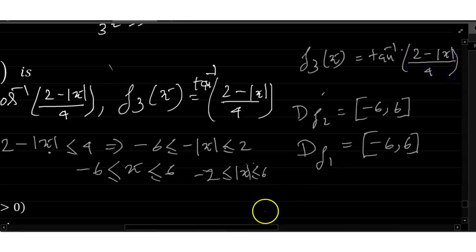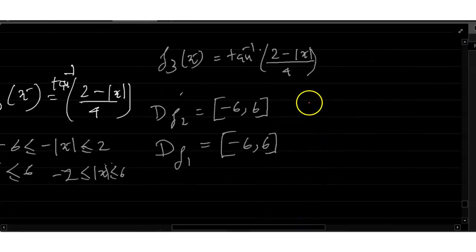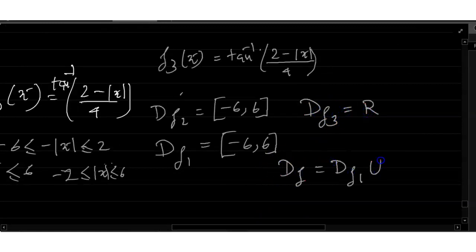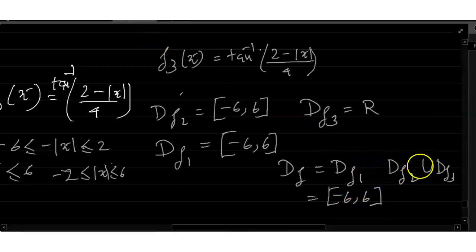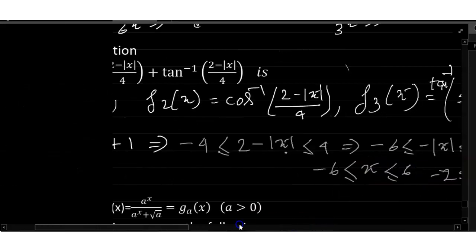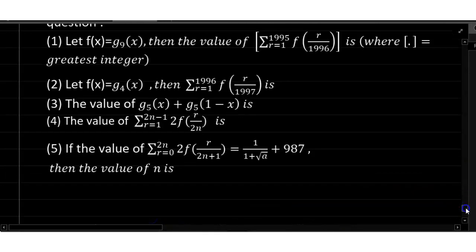So the domain of f equals df1 union df2 union df3 equals minus 6 comma 6. This is not union, this is intersection. So this is my answer. Now next problem.